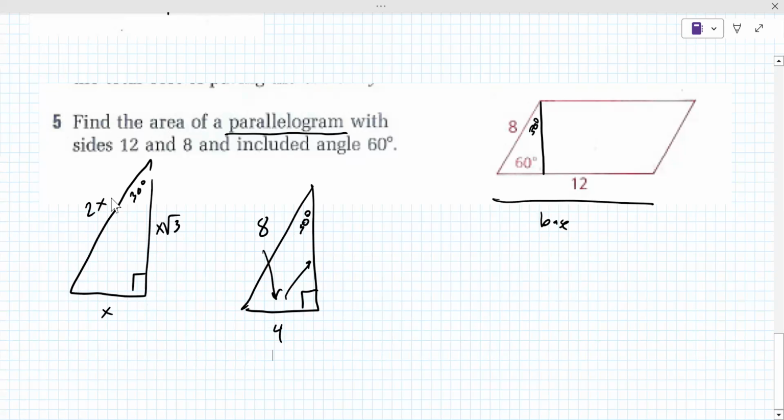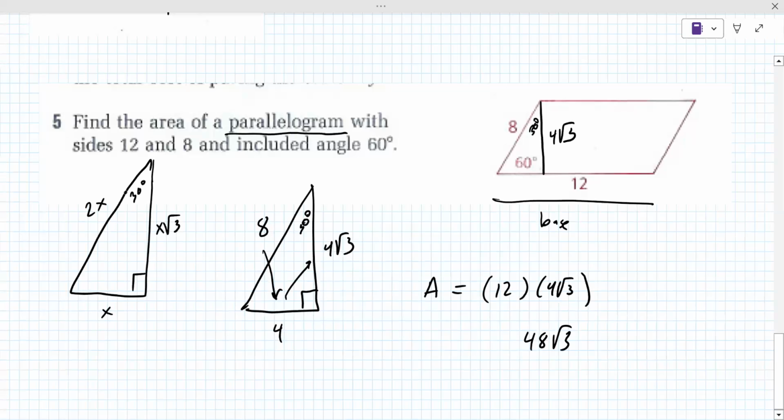You are going to get problem after problem like this, in my opinion, where you're going to have to use this. This is really emphasized in your course. So just keep that in mind. 4 square root 3, that's the height. So the area is base 12 times height, 4 square root 3. Okay. Cool.